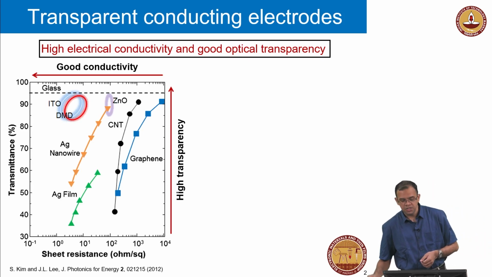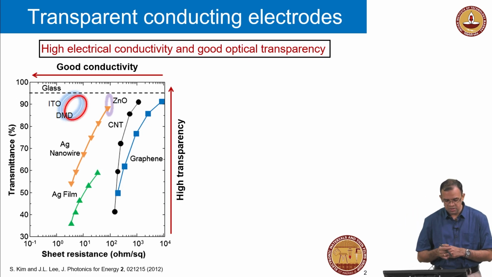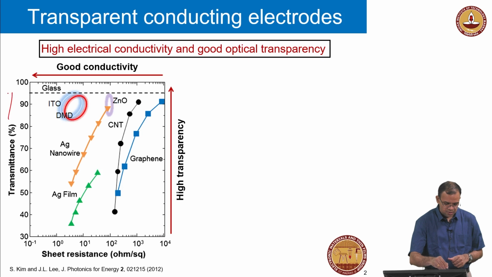There are a variety of materials that do this. Initially we are going to be focused on oxides, but I will also tell you some of the work that we do with silver nanowires, which also satisfy these criteria. So here is a plot of transmittance versus sheet resistance.